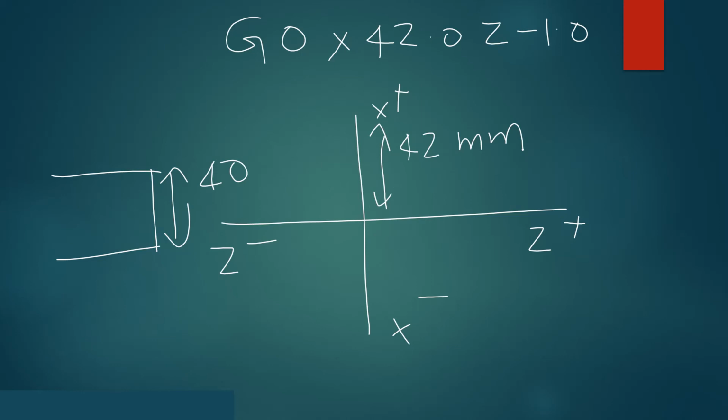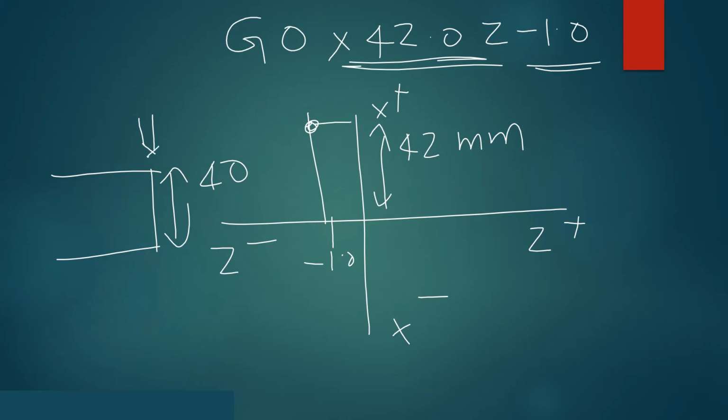But we have to do 1 mm of facing. The meaning of 1.0 is that we are going to do the facing of 1 mm. So minus 1 means it will be there, here. This particular place is 42 and this particular place is 1. This is the reason we have given X42.0 Z minus 1.0. So the tool will come like this.